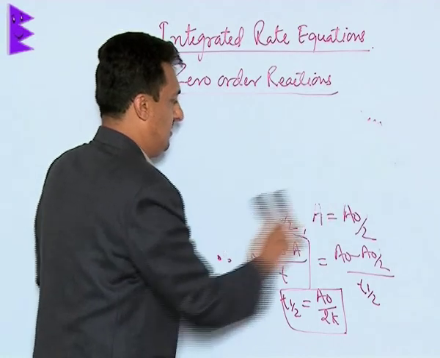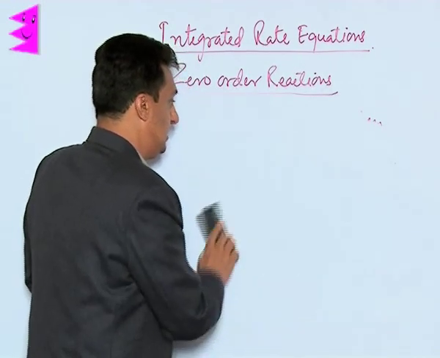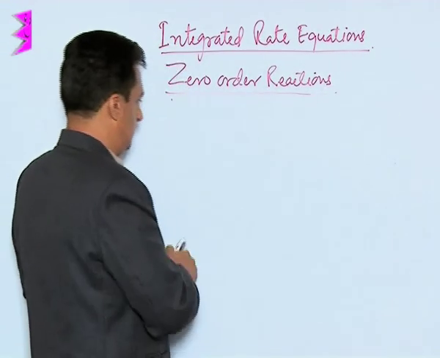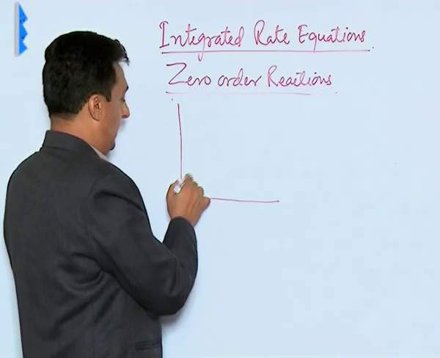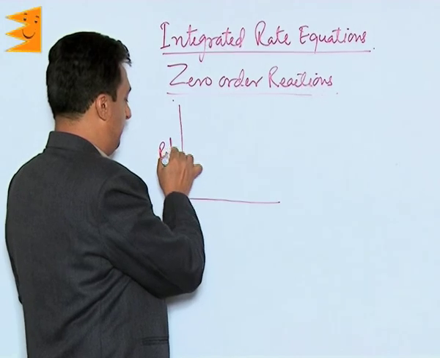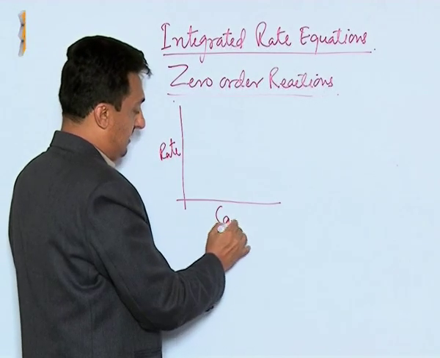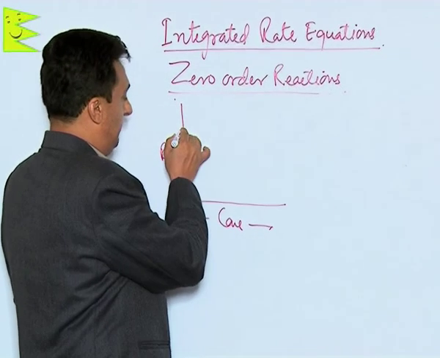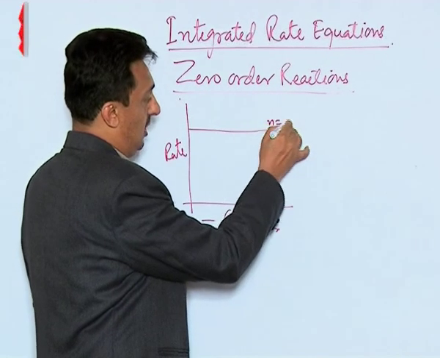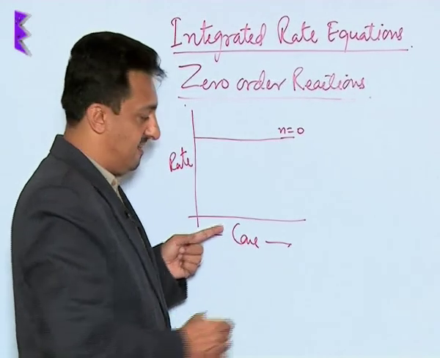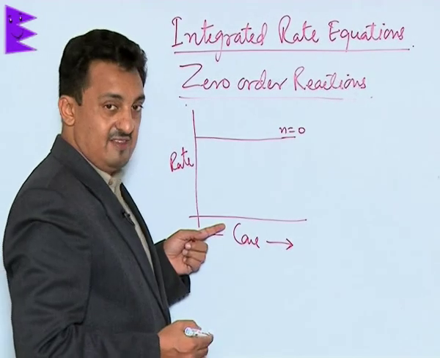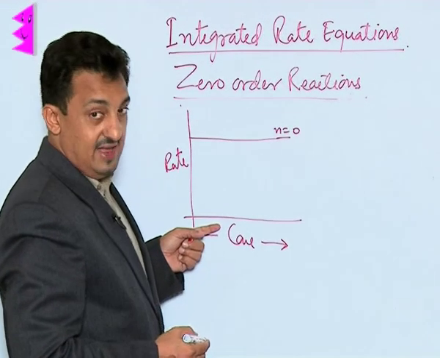Now remember, for zero order reaction, if we plot a graph between rate and concentration, remember it will be parallel to your x-axis, because rate doesn't change with the change in the concentration, as it is independent of concentration, because it's a zero order reaction.